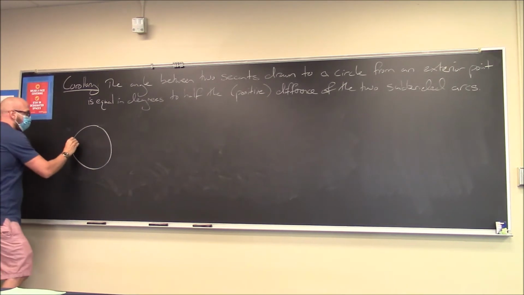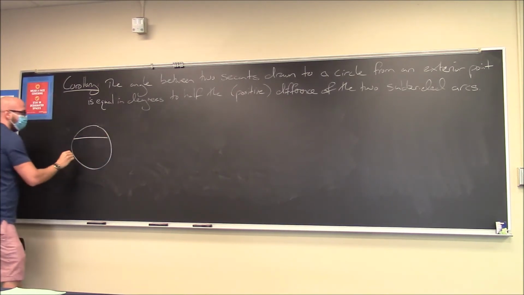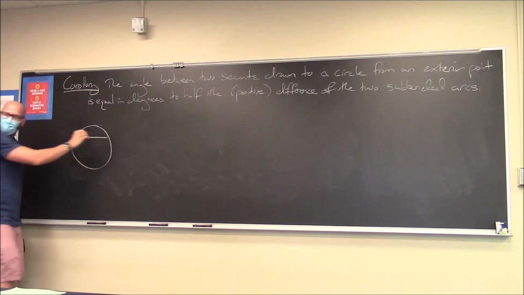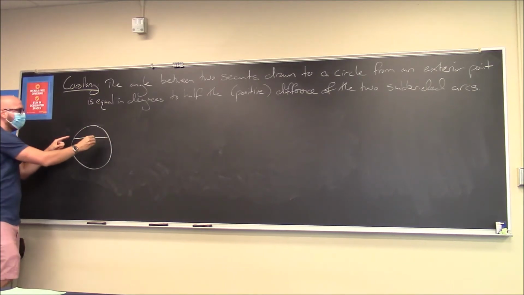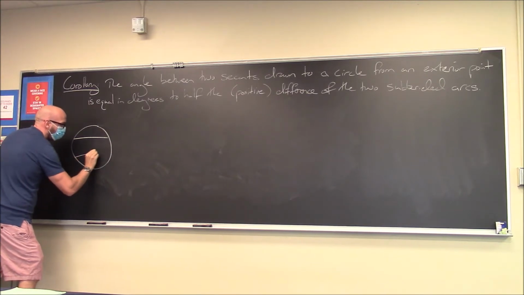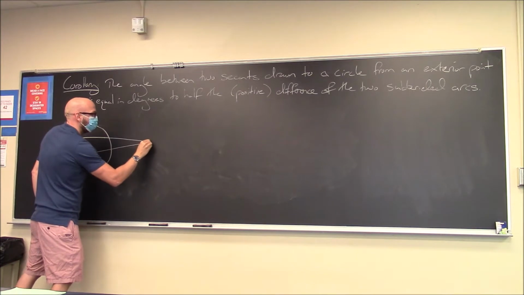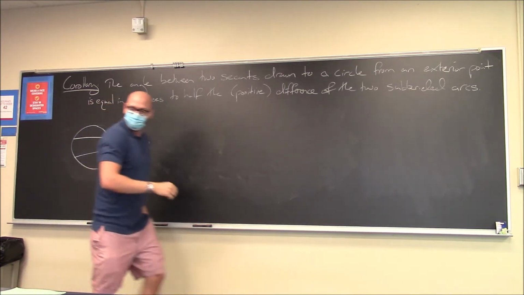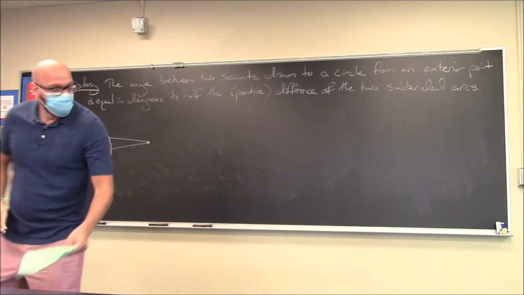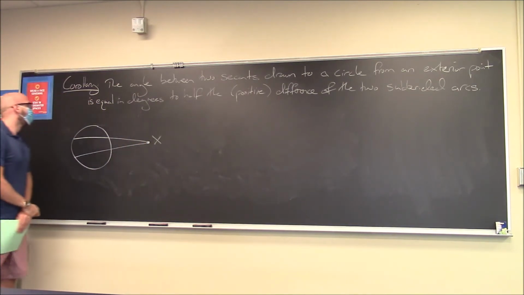Or another way to think of this is a secant is an extended chord. So here's a chord. I'm just going to extend it outside the circle. So here I have two secants that intersect at an exterior point that in my notes I've called x.